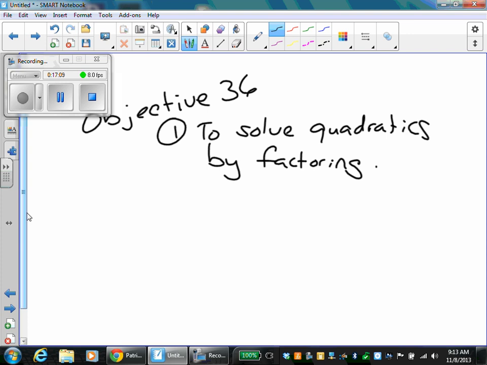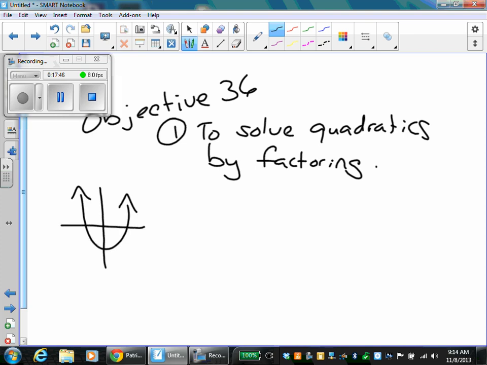So now that you know how to factor, what we're going to do is take factoring to learn how to solve these quadratics. Now do not forget that if you put this in your calculator, you'll get a parabola.